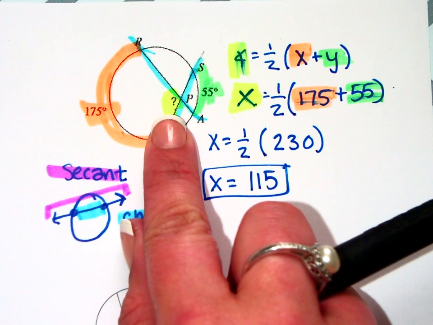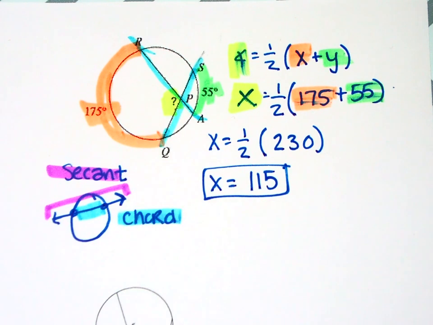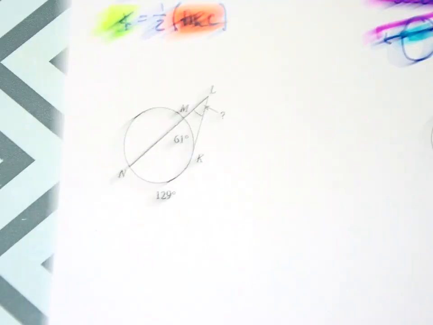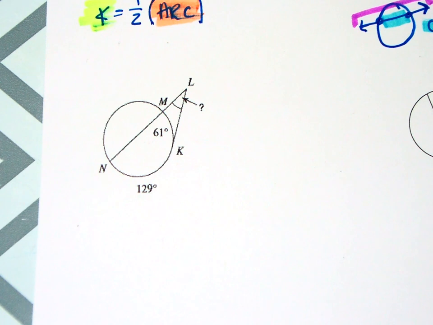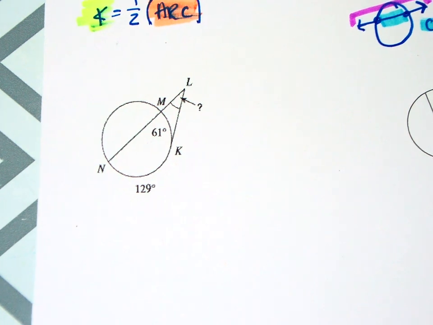Okay. So this one is if the angle is inside but not on the center. Our last one is if the angle is outside of the circle. Now, if the angle is outside of the circle, it is basically the same formula we just did, but instead of adding your arcs, you're going to subtract.